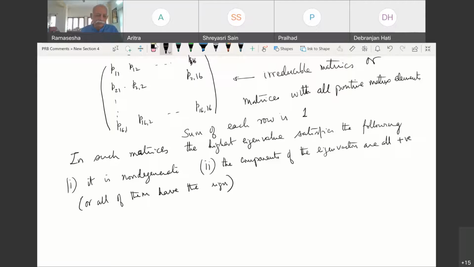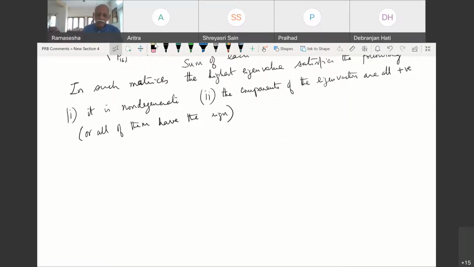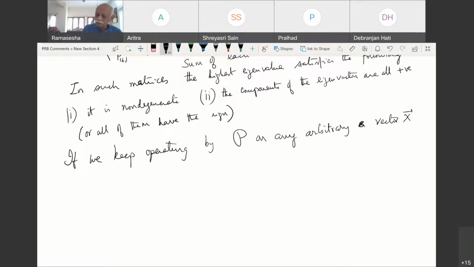So what it means is that if we keep operating on any vector x, in the limit k tending to infinity, P to the power k x, which I can write as P times x_(k-1), will tend towards the highest eigenvector.